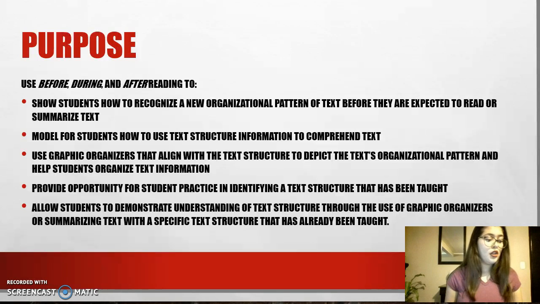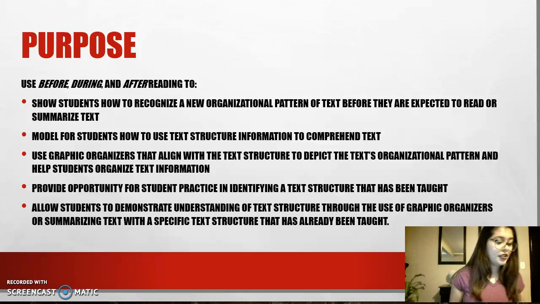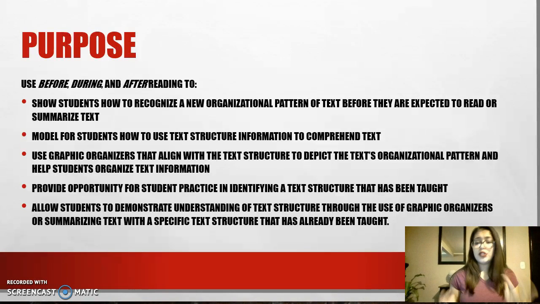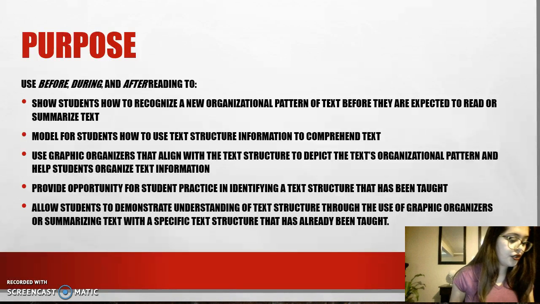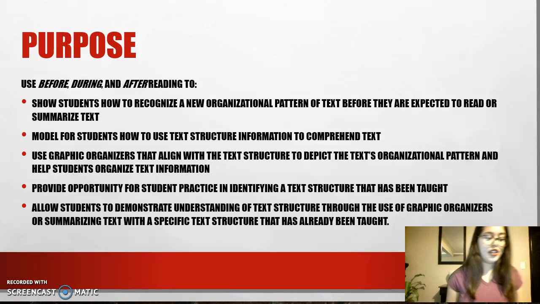Point number two, model for students how to use text structure information to compare text. Point number three, use graphic organizers that align with the text structure to depict the text and help students organize text information.